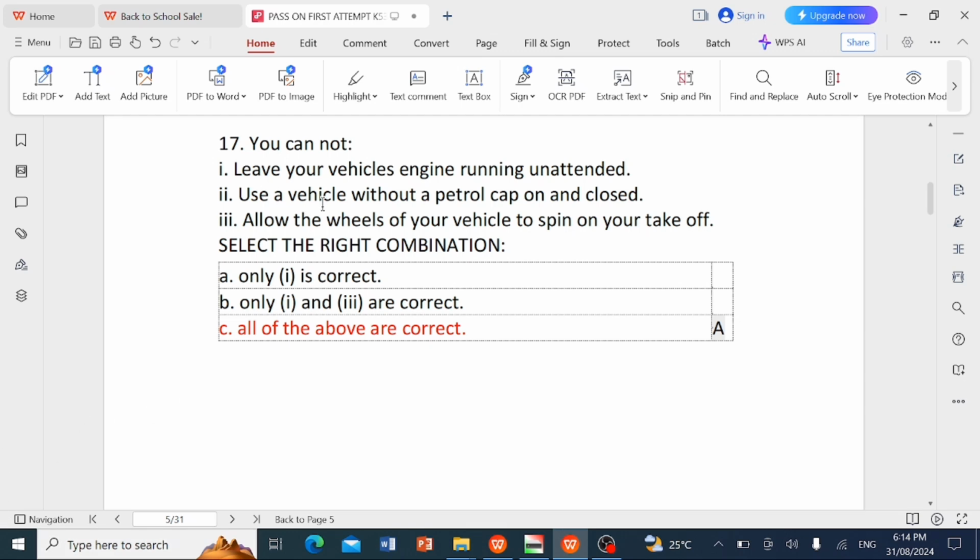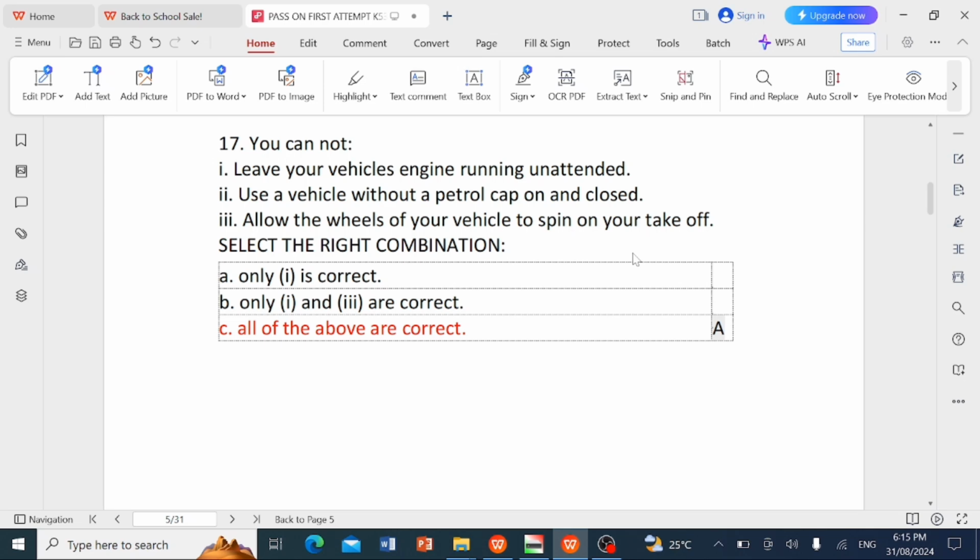Third one, you cannot allow the wheels of your vehicle to spin on your takeoff. Okay, so probably what will cause that to happen is rapid acceleration. So your car is stationary, right? You want to do that massive takeoff like in movies, so you press on the gas so that the wheels of your vehicle will skid in one place before the car will take off.